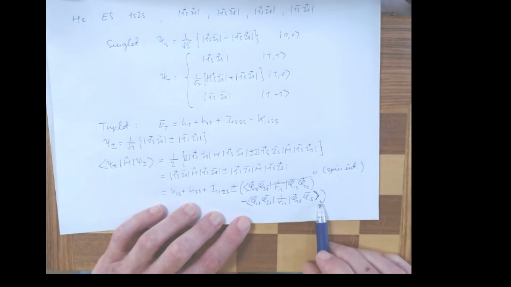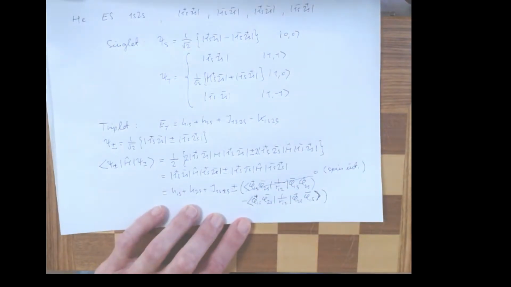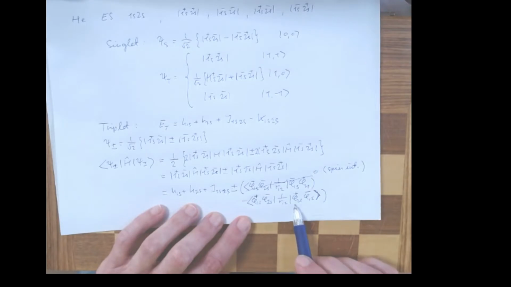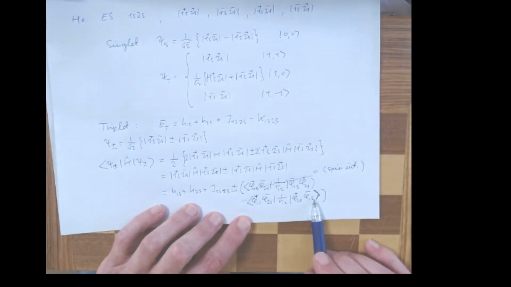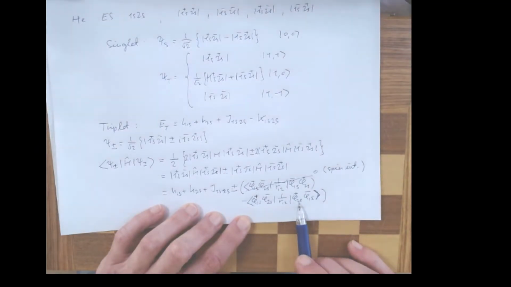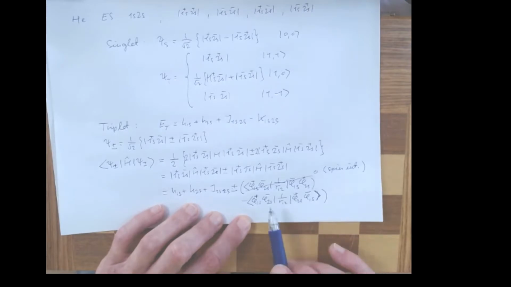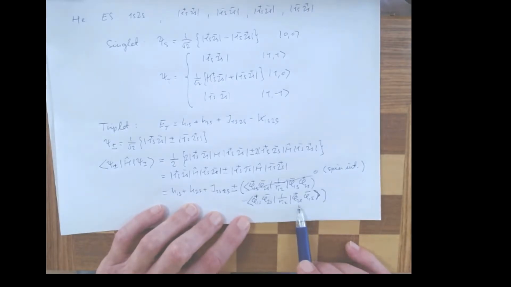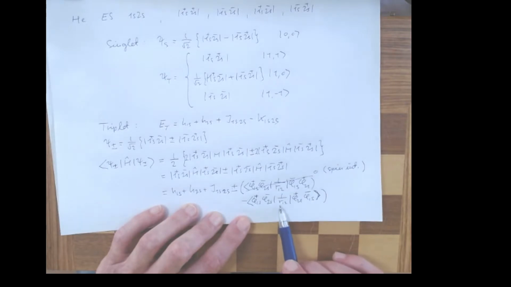And then there's this term here, and now this is a term which does not vanish, because once I interchange the two terms here on the right hand side, spins match. Now I get a plus against a plus and a minus against a minus. Of course, here I have orthogonal spatial orbitals. I have a 1s against a 2s, but my operator here will lift this orthogonality. Once the operator is sandwiched between a 1s and a 2s state, integration does not give me 0, because this also involves the spatial coordinates.